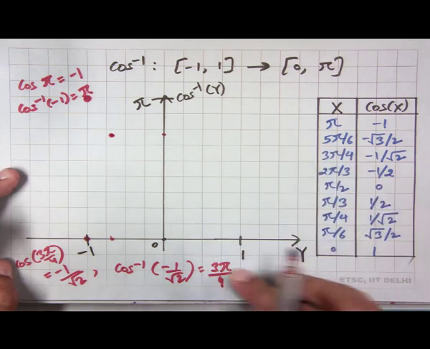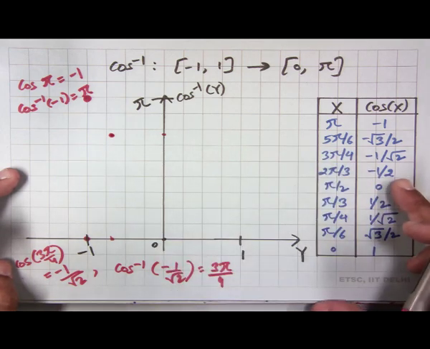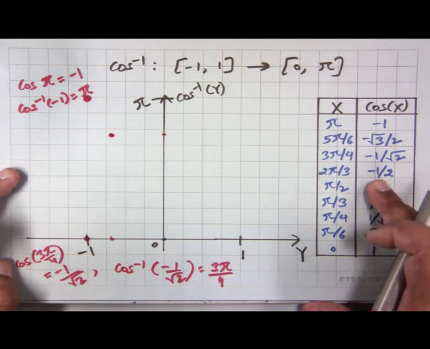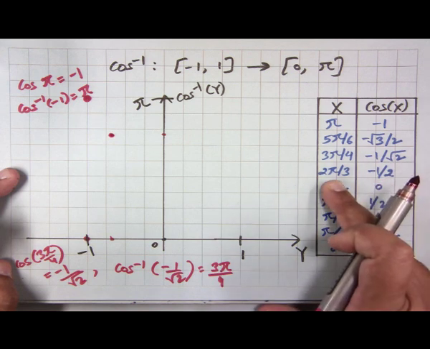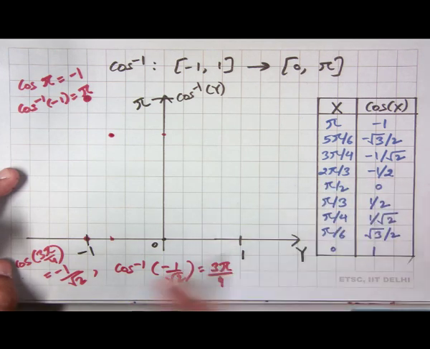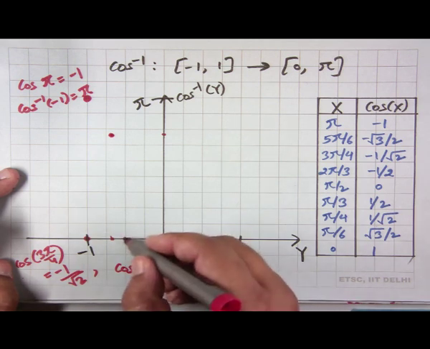And similarly, when we go further ahead, we see that cos x equal to minus half when x is equal to 2 pi by 3, and therefore, cos inverse of minus half, so cos inverse of y equal to minus half. So, y equal to minus half is here.